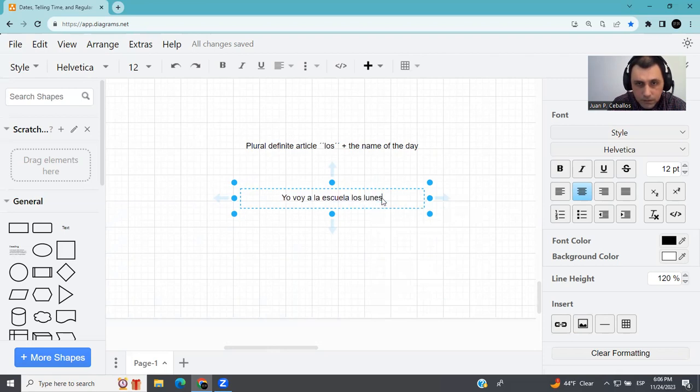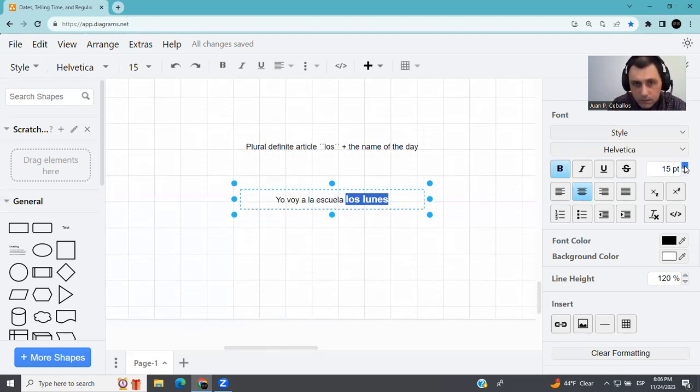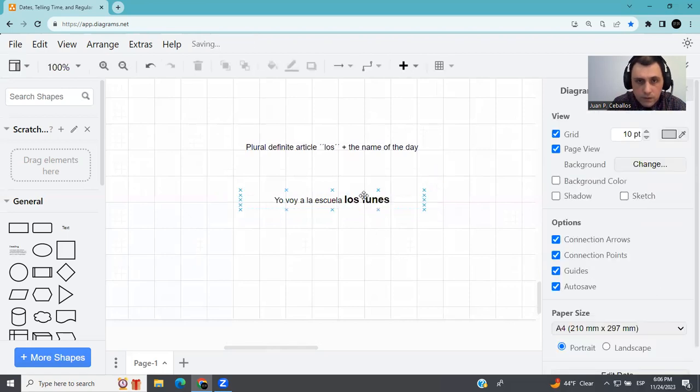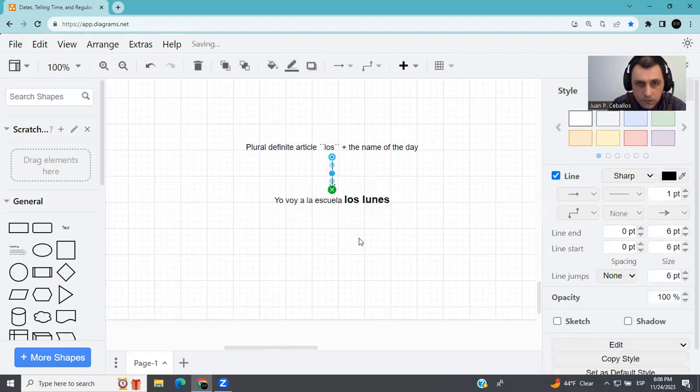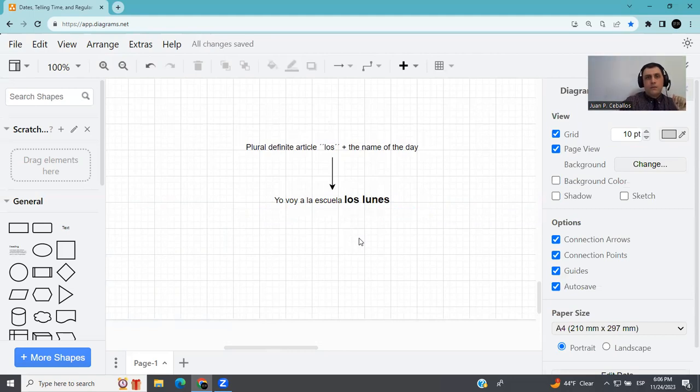We have the article los plus the name of the day. And the same applies for all the other days, on Tuesdays, on Wednesdays, etc. We say los martes, los lunes, los jueves, and so on.